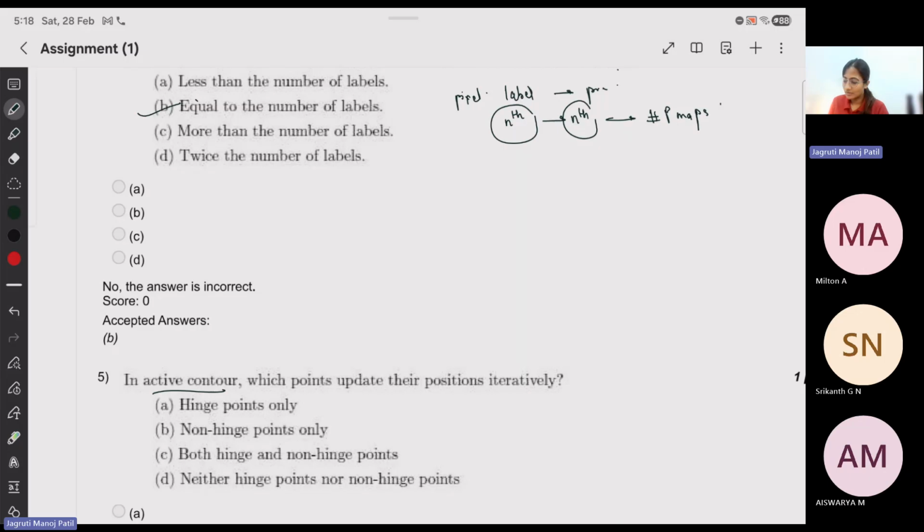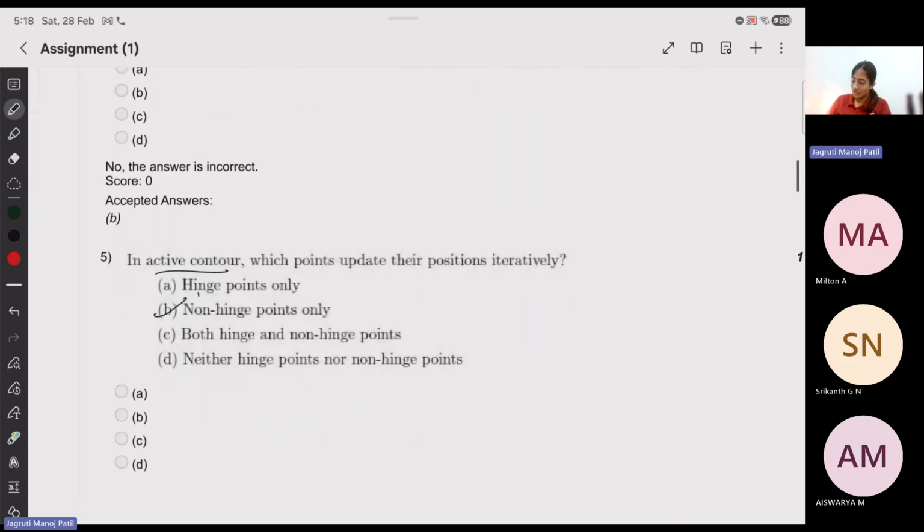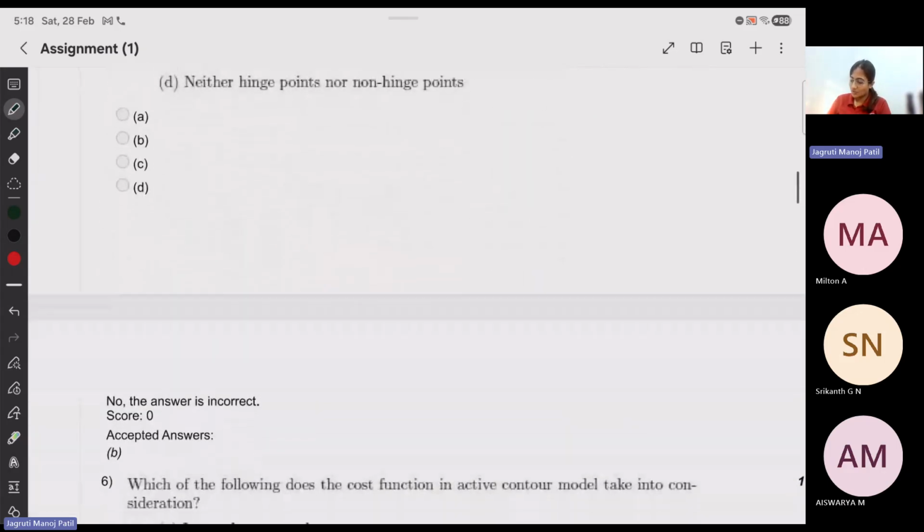Here you can only move your non-hinge points, because the hinge points would be fixed in your segmentation mask. You won't be able to move them, but the non-hinge points can be moved iteratively because they are the ones through which you are analyzing your region. So that's again option B.